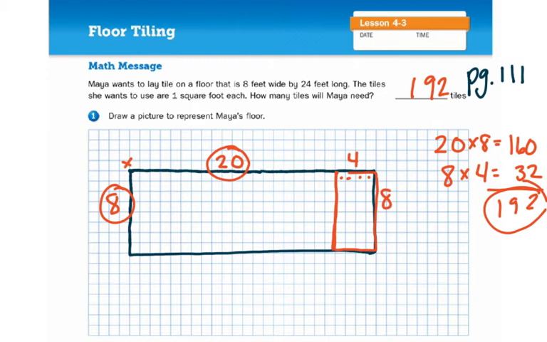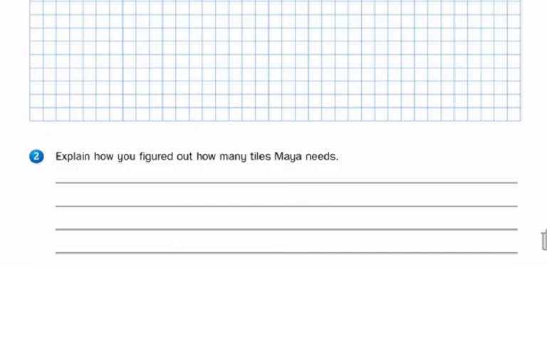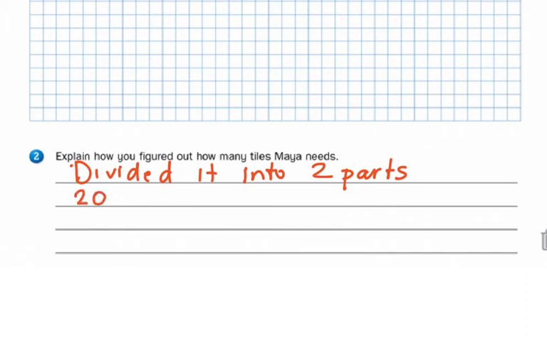Now at the bottom it says explain how you figured out how many tiles Maya needs. Well, if you go back, remember I broke it down, I divided it into two parts. And those two parts were 20 times 8, which equaled 160.